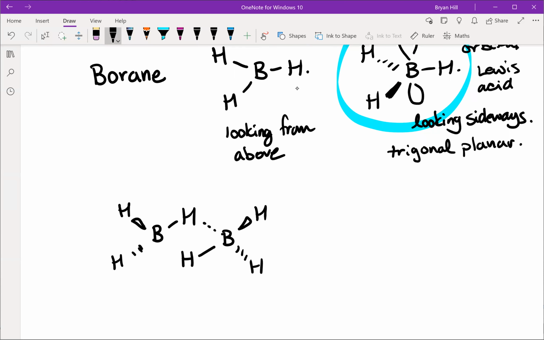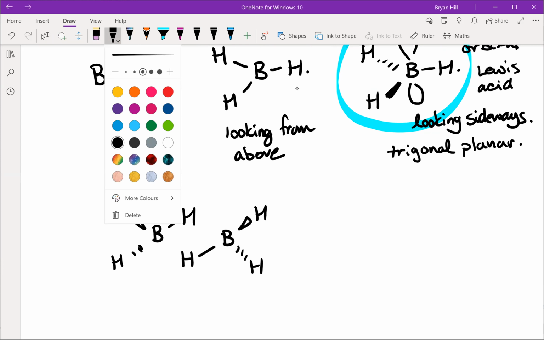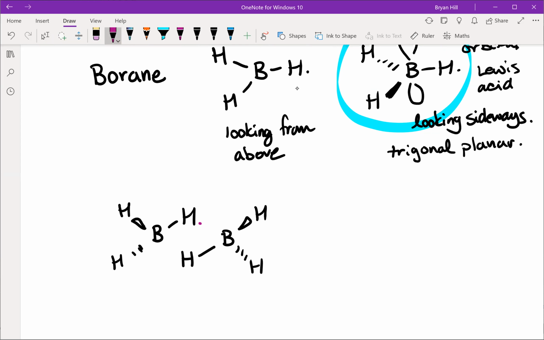And actually, I'll draw this with a different color. They say it's tetrahedral, and these two hydrogens in the middle, they basically share their electrons with both borons, and they basically form a dimer. And these bridging hydrogens, because the way that we draw bonds, remember, it's got two electrons in it.